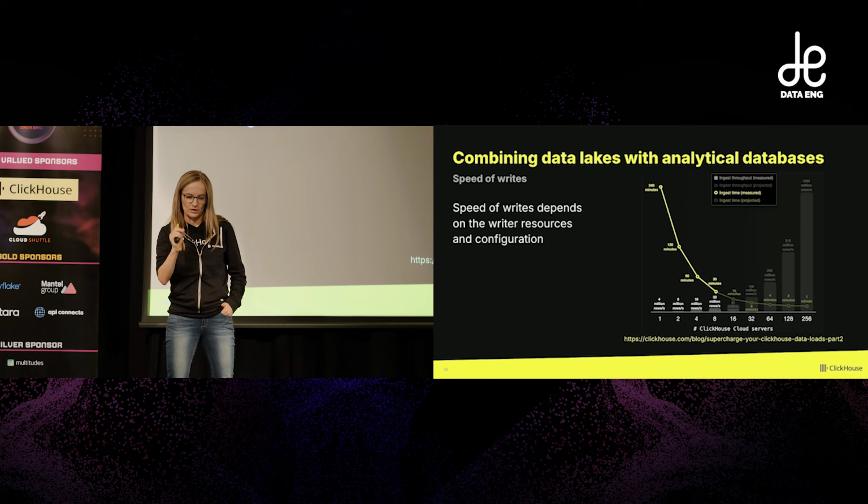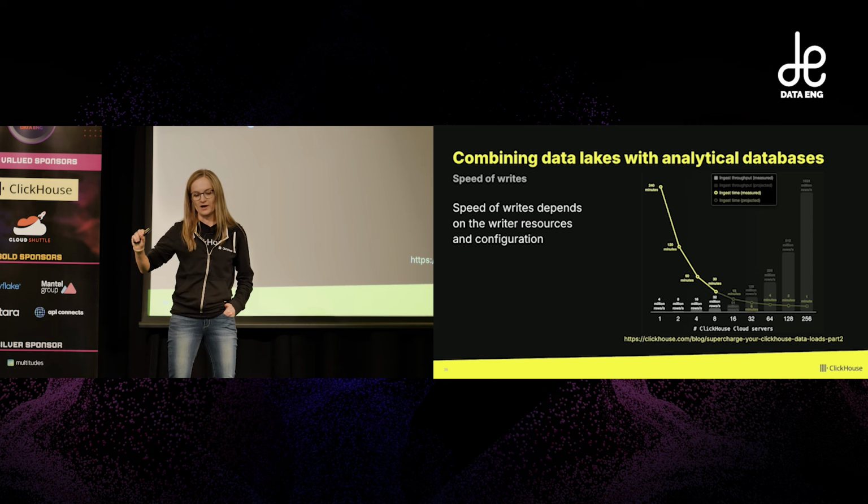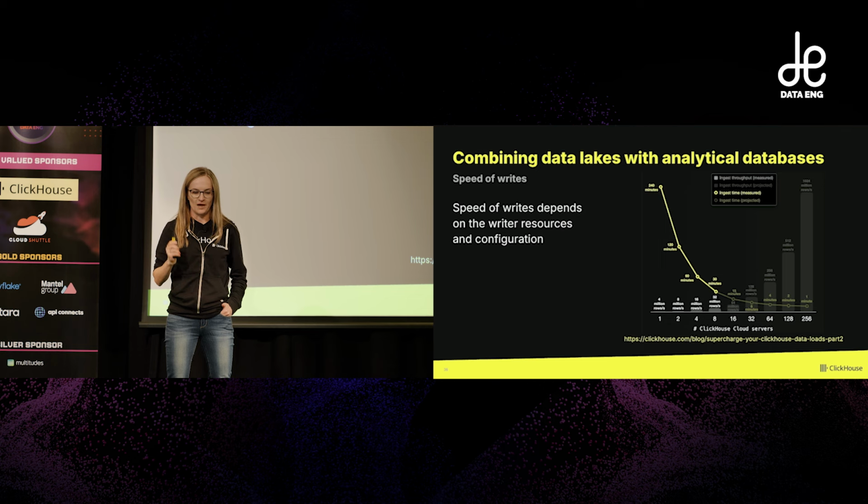But with each incremental step, it gets less and less efficient. So at some point, if you have a common platform, you might stop and say, okay, this is enough. But if you really want to optimize it for a particular application, you may go further. So that is the challenge. And again, you may need to optimize your writes for a specific application with a different number of writers.